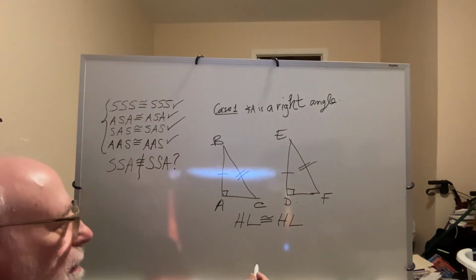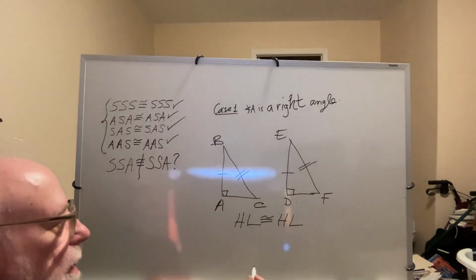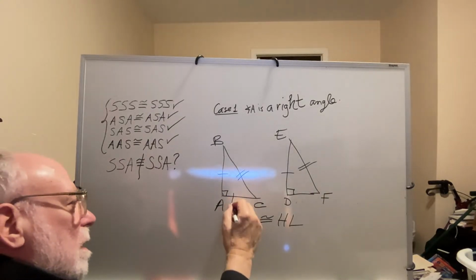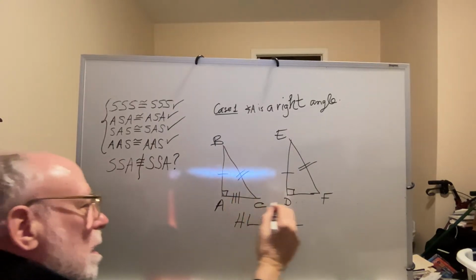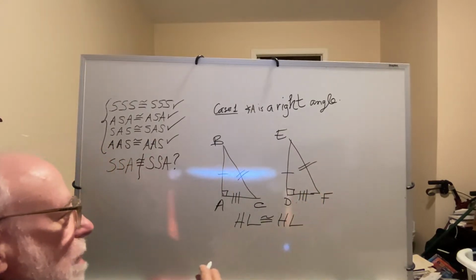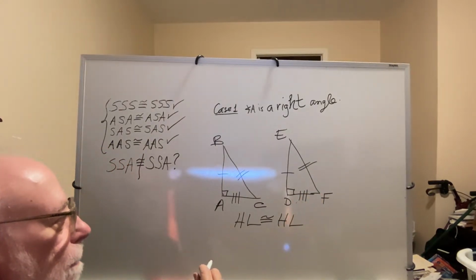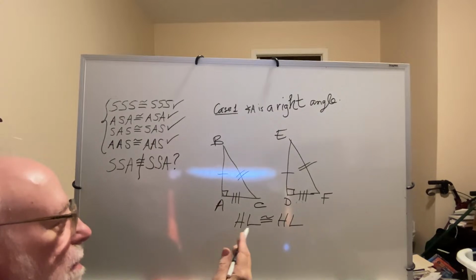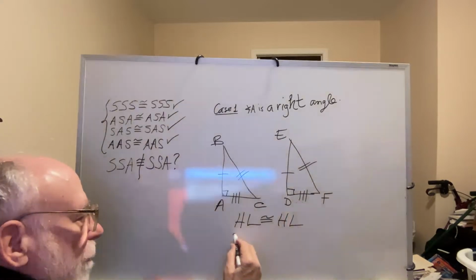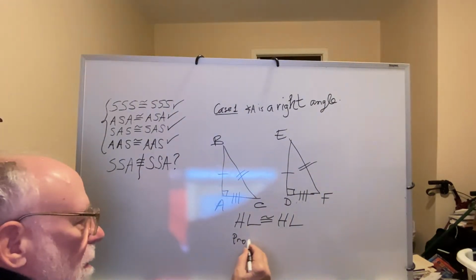and hypotenuse-leg is valid, is a way of proving triangles congruent, because the third side of these two triangles has to be congruent. Third sides have to be congruent by the proof of that.